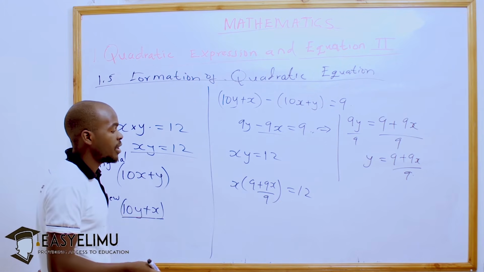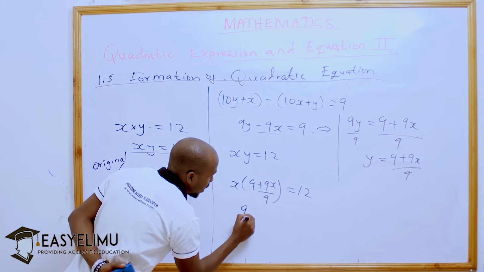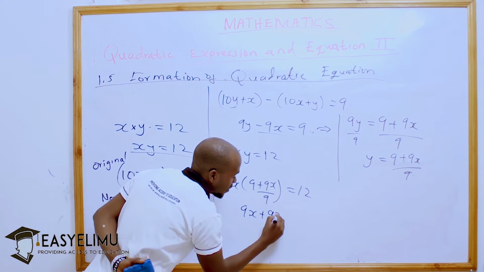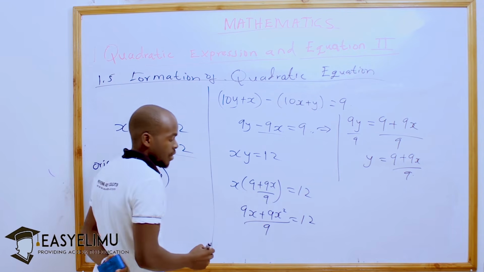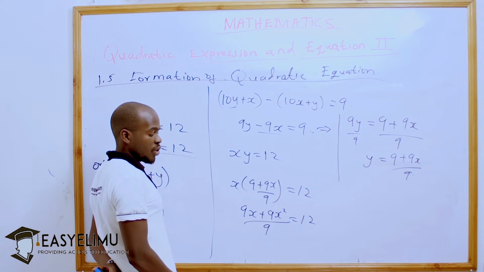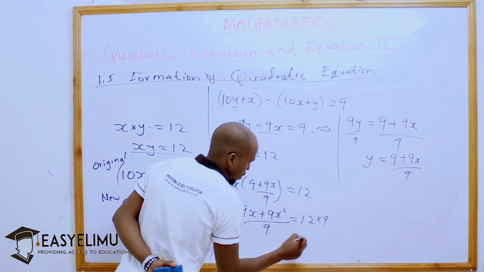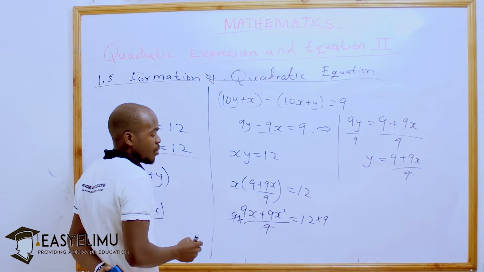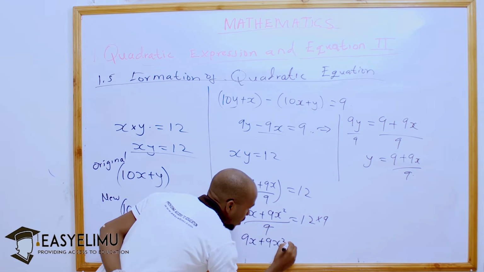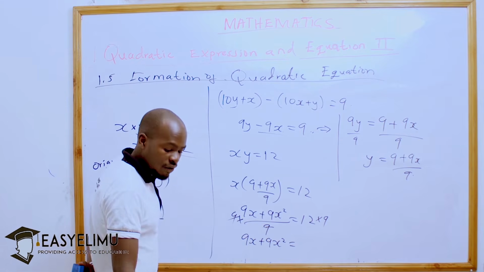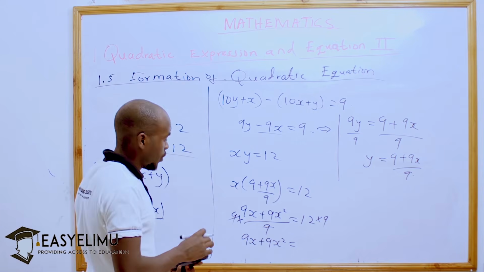If I do that way, then I'm going to open the bracket, and I will find 9x plus 9x squared over 9 is equal to 12. I want to eliminate the denominator on this side, so I'm going to multiply both sides by 9. So if I do that way, I'm going to remain with 9x plus 9x squared is equal to 12 by 9.